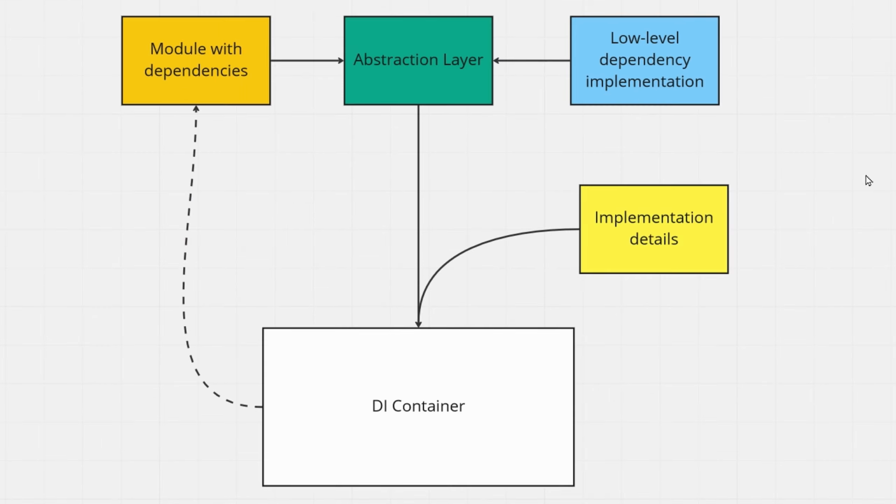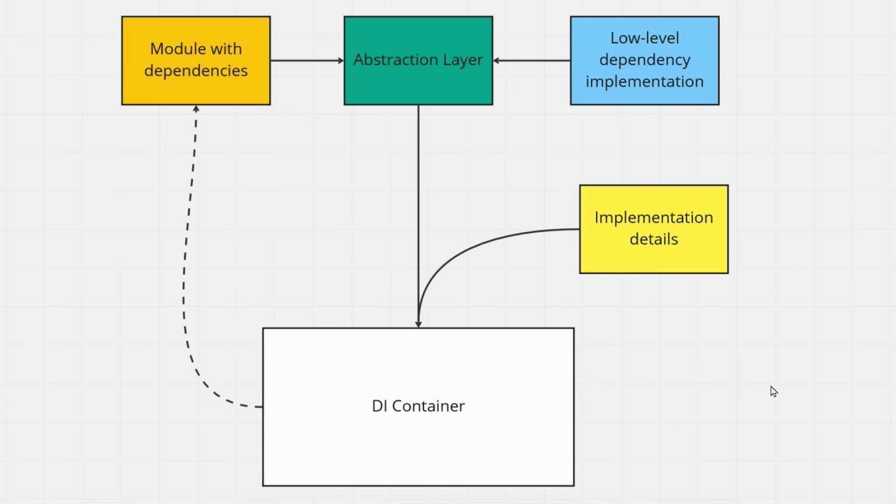So now that we know the motive behind the dependency inversion principle, we have to think about how we can fulfill that in our code. Since we cannot simply create an interface type at runtime in the higher level dependency, we have to think about what we can do to fulfill those dependencies without the higher level module knowing about them. And that's where dependency injection containers come in.